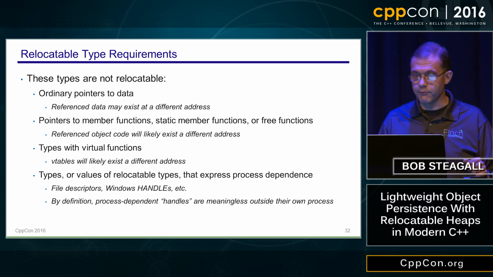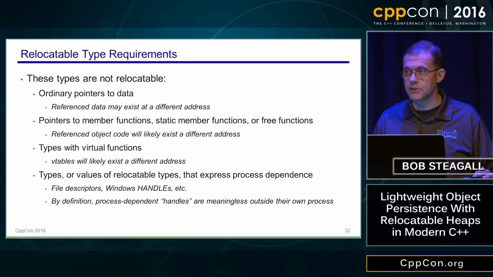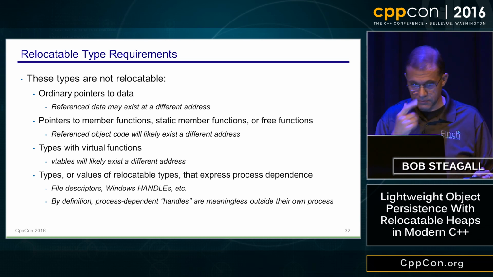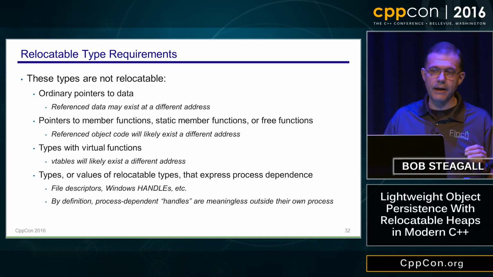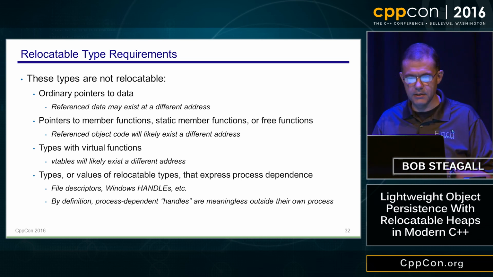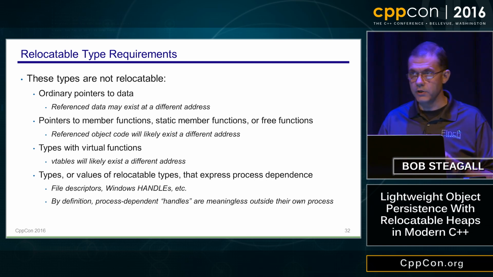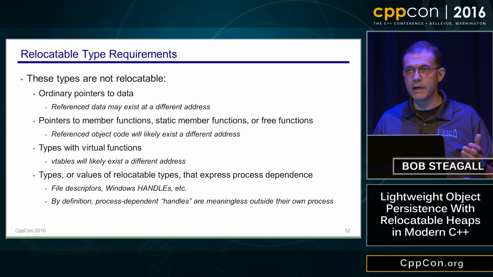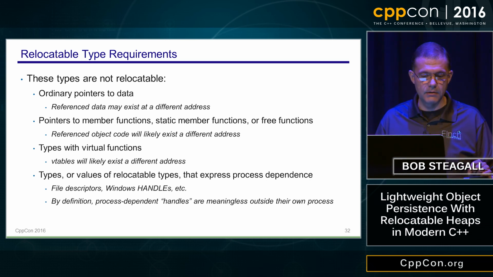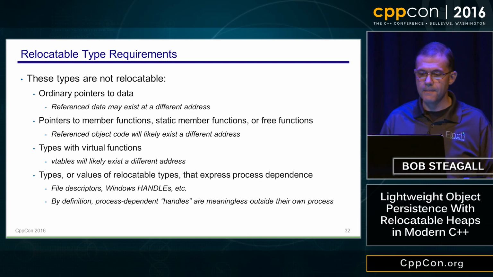Likewise with types that have virtual functions. This is because their vtables will very likely exist at a different address in the destination process. And finally, types or values of types that express some sort of process dependence are not relocatable. And here I'm thinking of things like file descriptors or Windows handles. Of course, by definition, process-dependent handle types are meaningless outside their own process.